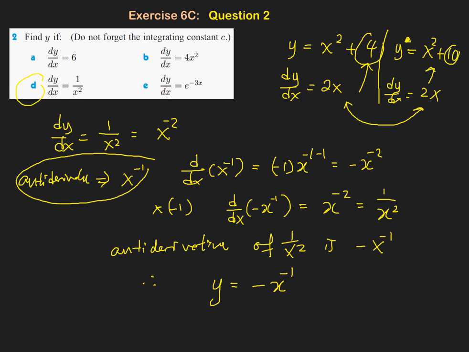There might be a constant which we do not know of, and to avoid making a mistake by forgetting it, we add plus c. And you can check that if you differentiate this, irrespective of the value of c, it could be 100, negative a million, whatever it is, you always get this.